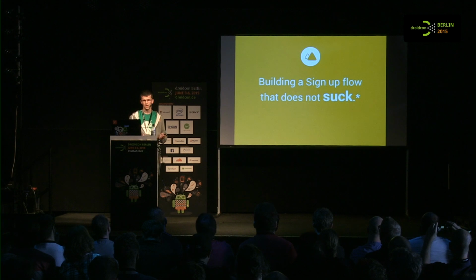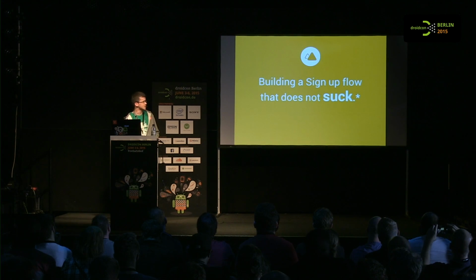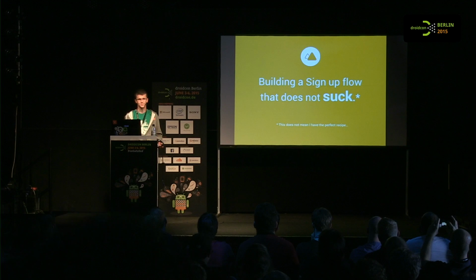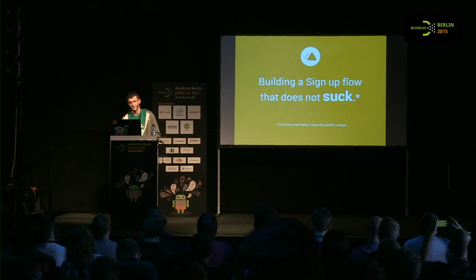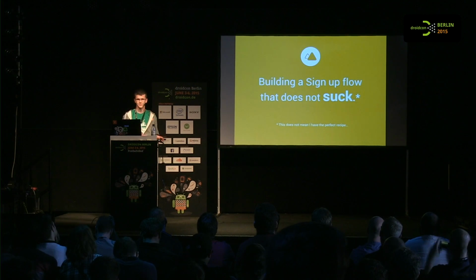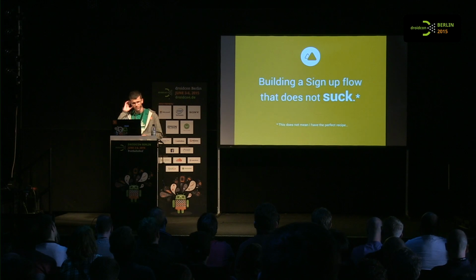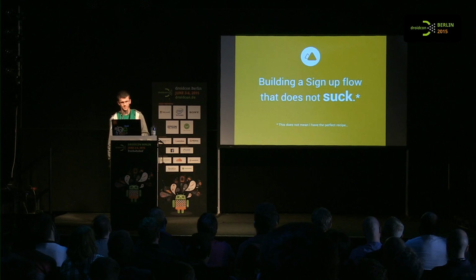We did some iteration, and we tried to emphasize small details on the screen, so it helps the user to fill in the sign-up form properly. But I added this small asterisk because I don't have the perfect recipe to build the perfect flow. It's just some steps and some do's and don'ts that you can see.